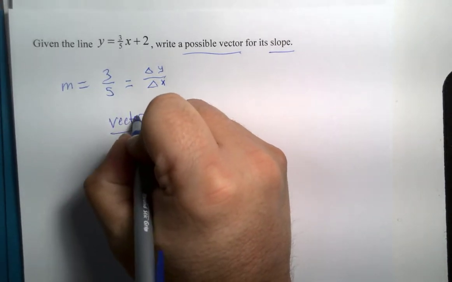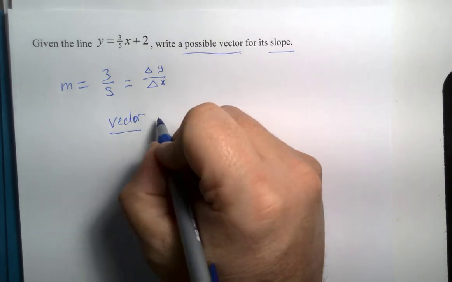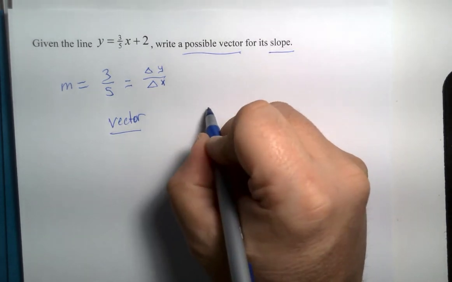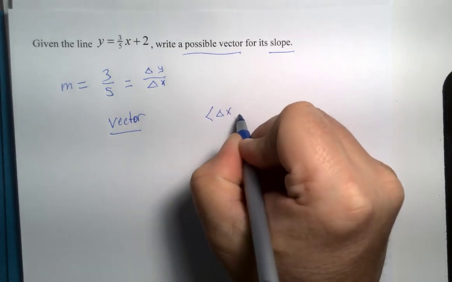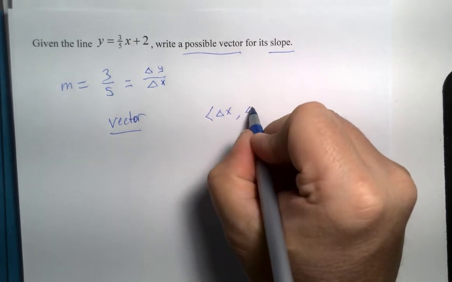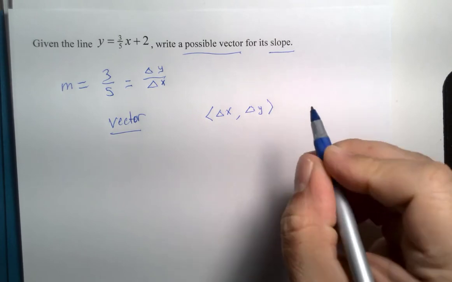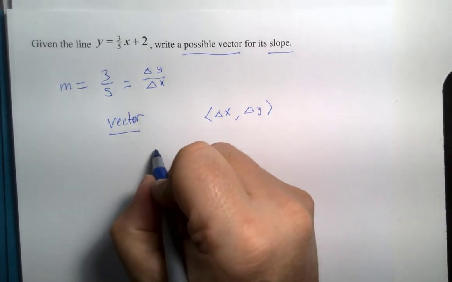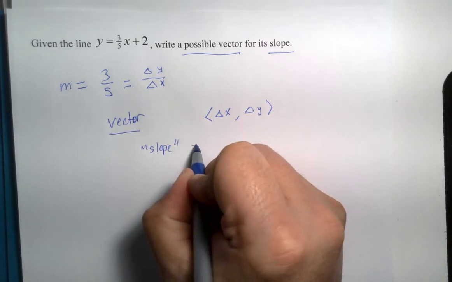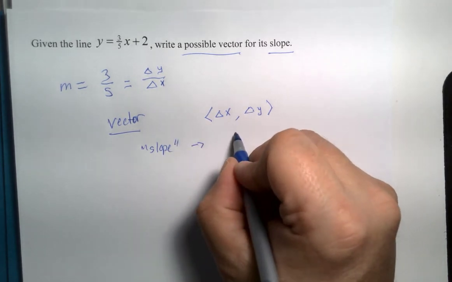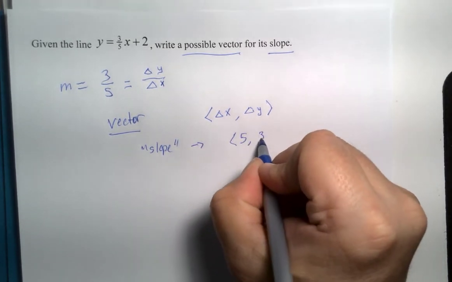And one way to do that for the vector would be to think of this as the x component would be that change in x and the y component would be that change in y, which would just simply be that our slope as a vector would be the vector 5, comma 3.